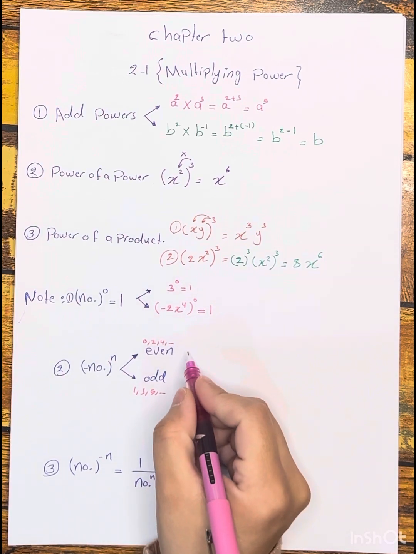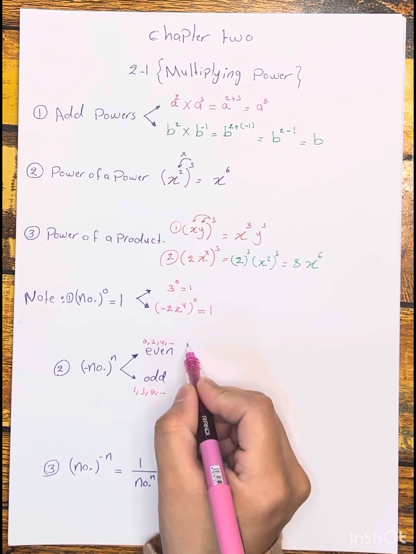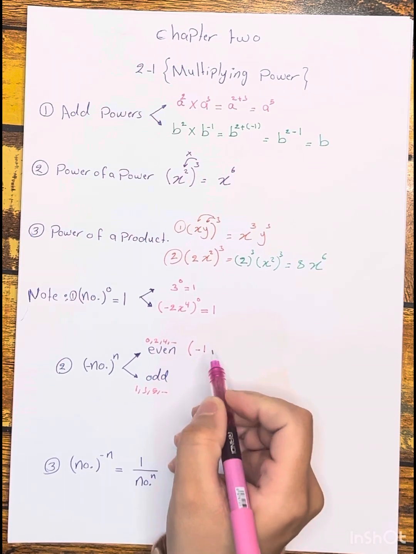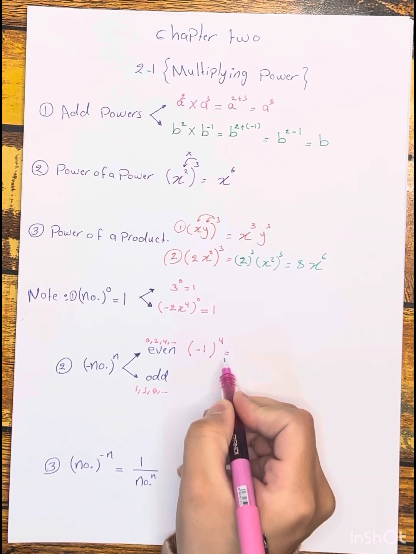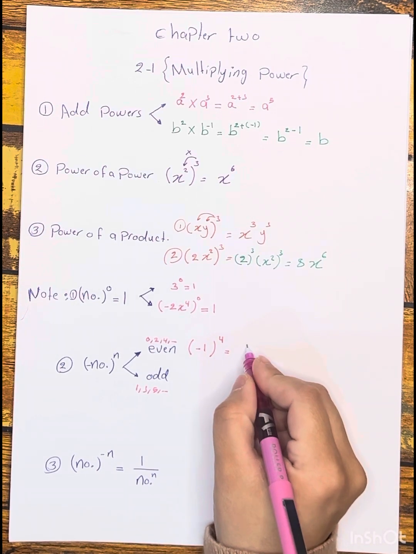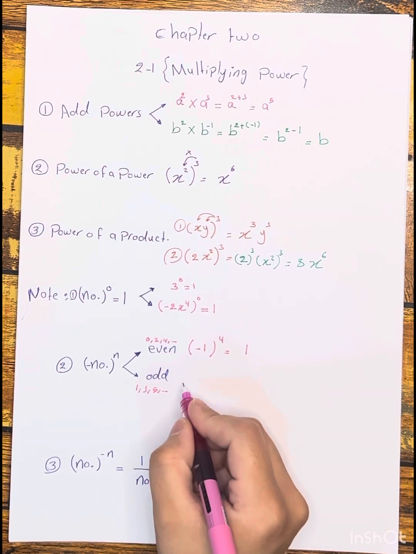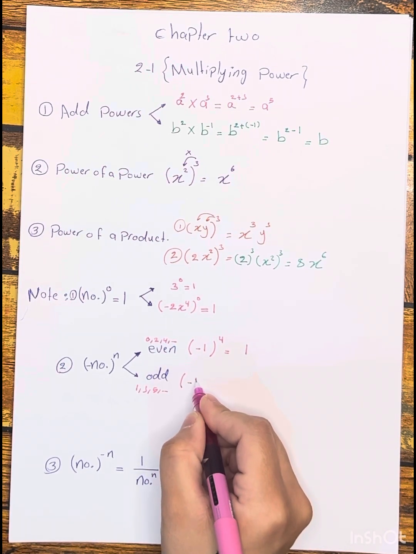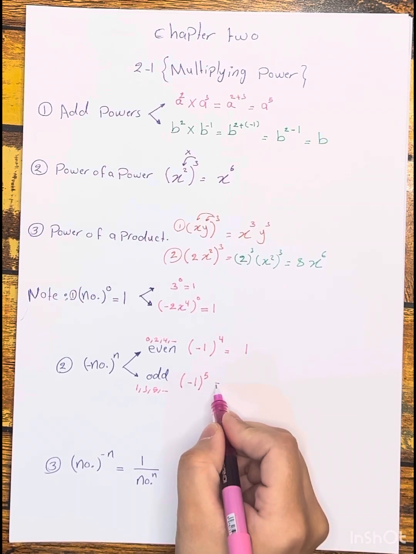For example, I will write an example with negative one, okay? For example, negative 1 raised to the power of 4, okay? It's even. Then the result will be positive. 1 to the power of 4 is also 1, so it will be positive 1. Also negative 1 raised to the power of 5, okay?